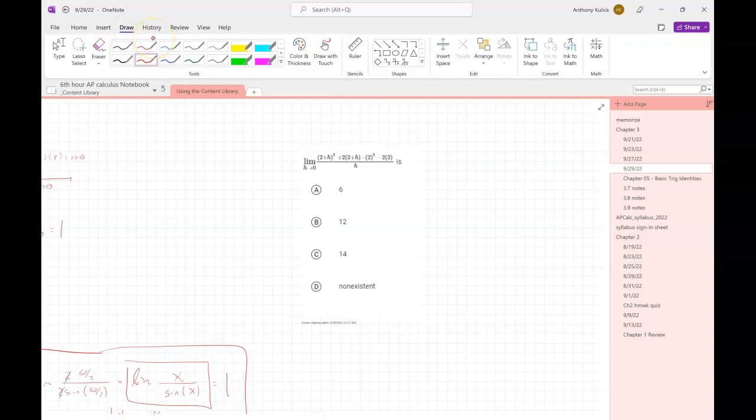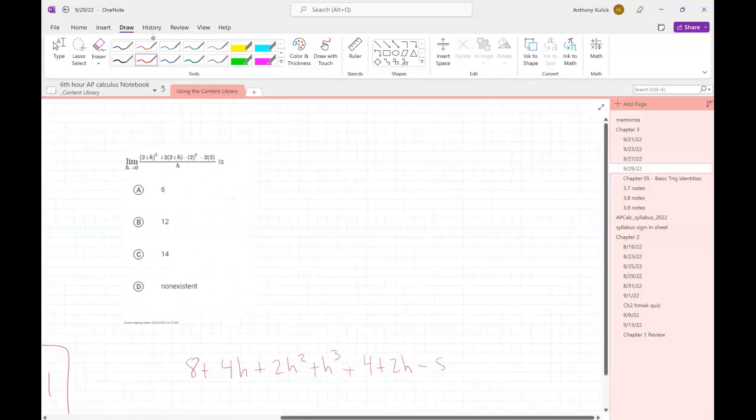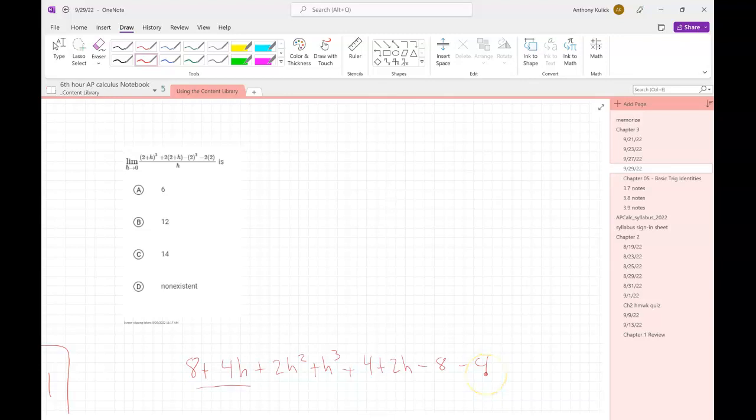All right, so I would start with my binomial expansion. So I'd have 8 plus 4h plus 2h squared plus h cubed, and then 4 plus 2h minus 8 minus 4 all over h. Those guys are all going to cancel out, and then I can reduce an h.